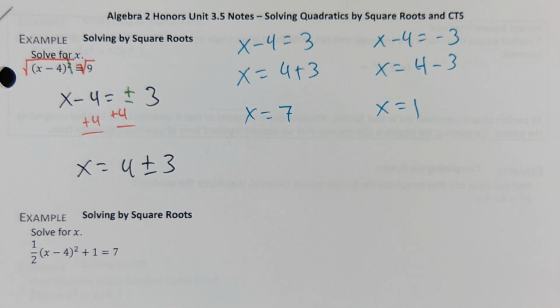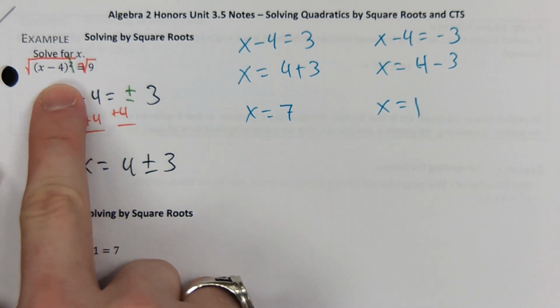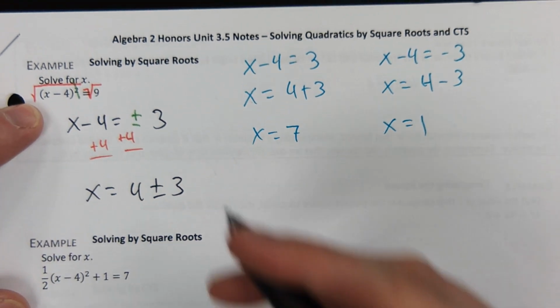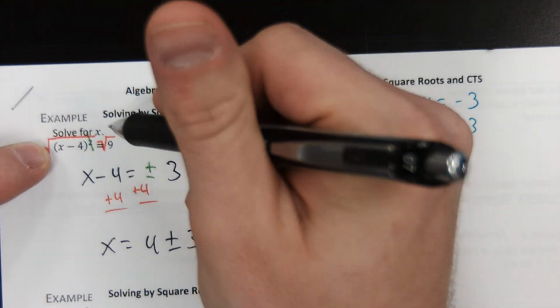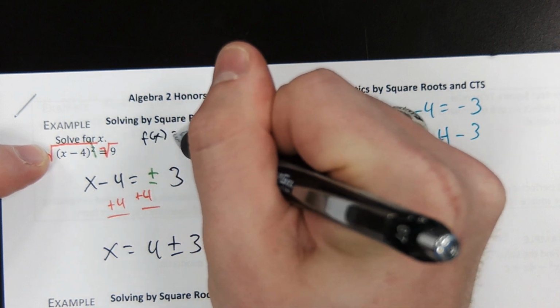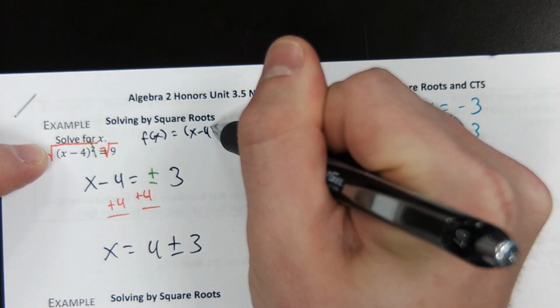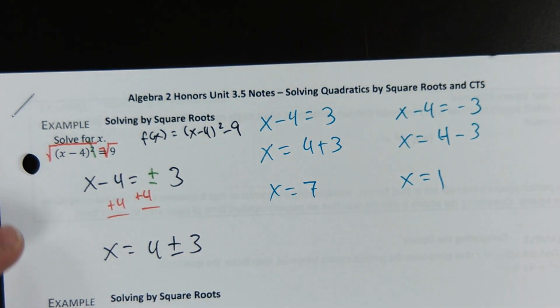You know what I just gave you? I just gave you an efficient way of going from vertex form to intercept form without graphing. This quadratic, if you were going to write it out, would be f of x equals x minus 4 squared minus 9.